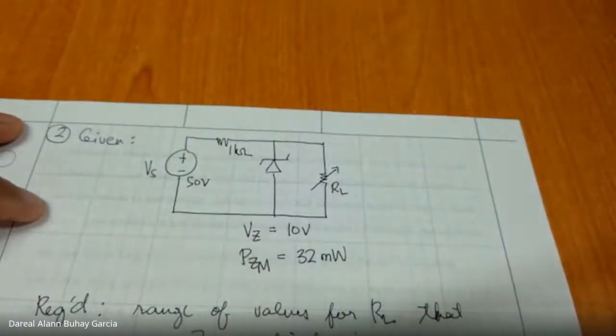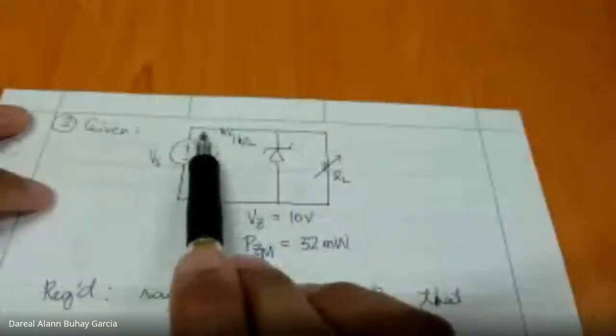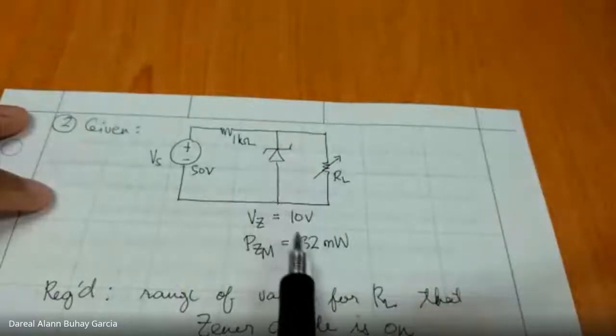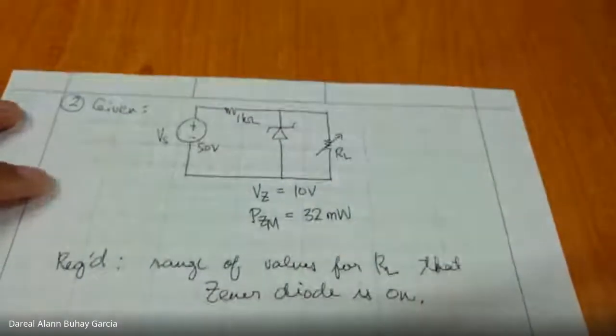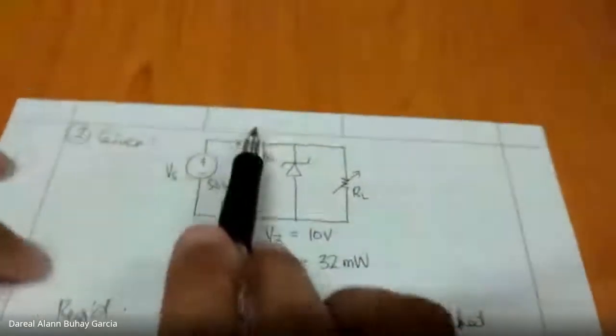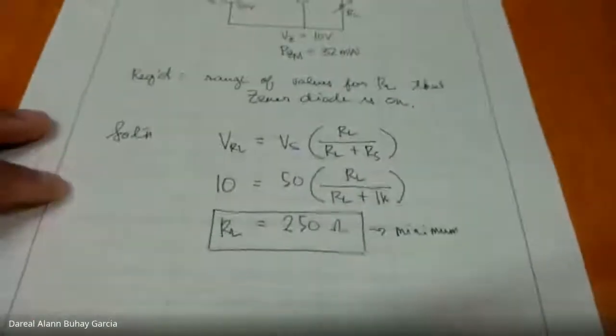At the other extreme, the maximum condition, what if all the current flows through the Zener diode? So, 32, it might be around 32. So we solve for the current flowing through RS.